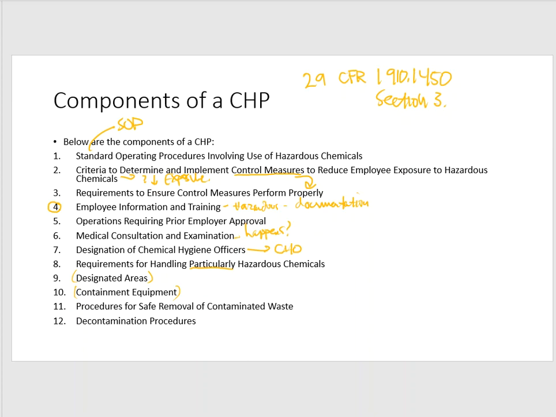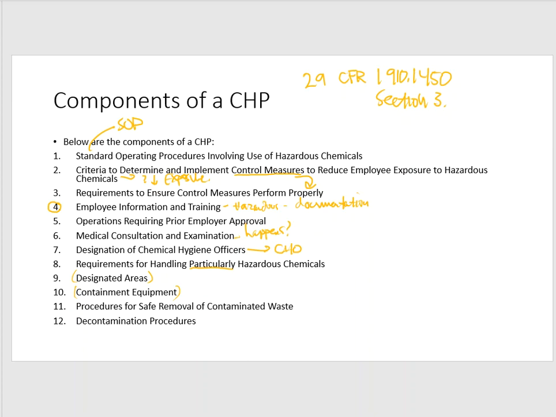Number 11, procedures for safe removal of contaminated waste. All right, so if I am using a hazardous chemical and I'm through with using it, I've got some waste, maybe some leftover or unused stuff, or maybe the reaction produced waste that's hazardous. So number 11 is going to say, well, how do you get rid of it?